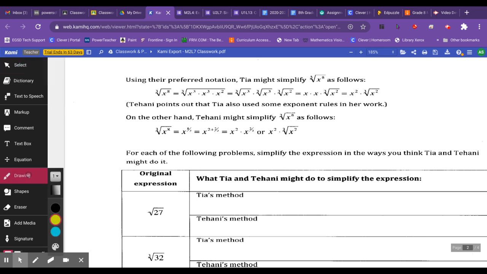Notice that she took x to the 8th, and because it's a third root, she split them into thirds. How many x to the thirds can I get out of 8? I can get 1 set of 3, 2 sets of 3, and I'm left with 2 left over. So I can cancel out my 3's and just leave an x.